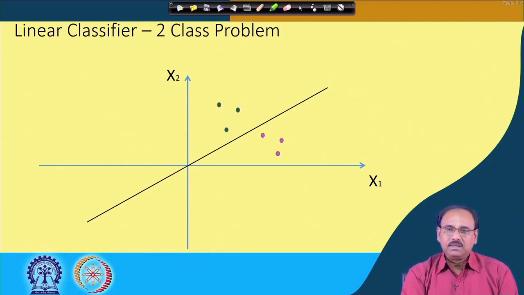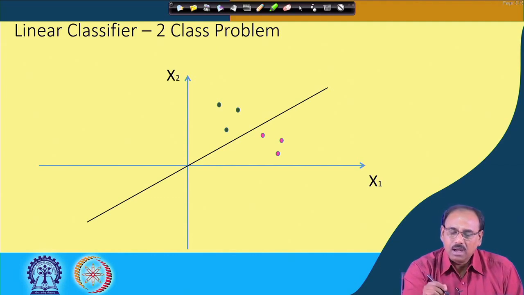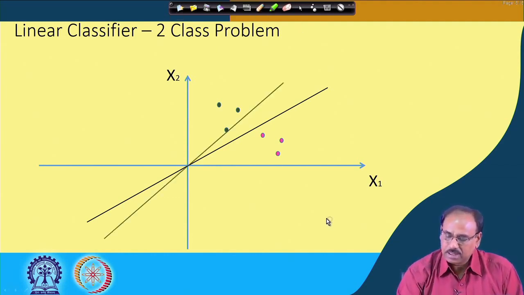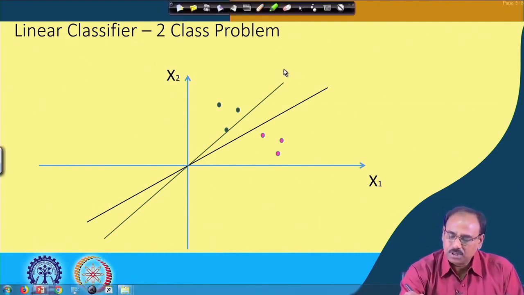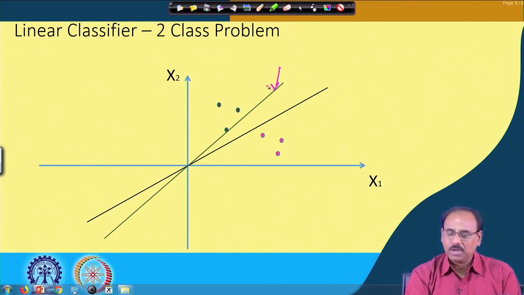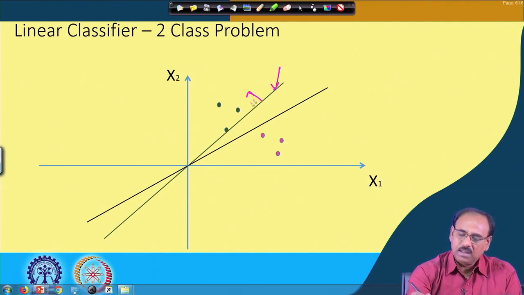Now, there is a limit on the orientation of this plane. If I rotate this plane in the anti-clockwise direction, this is the limit to which I can rotate, because if I rotate it further, then this point is going to be misclassified.